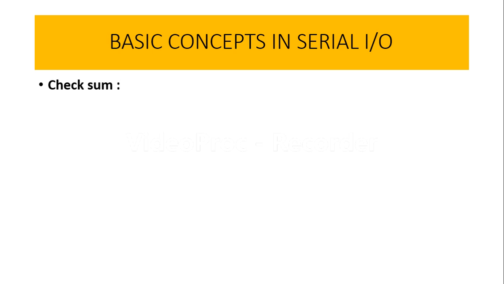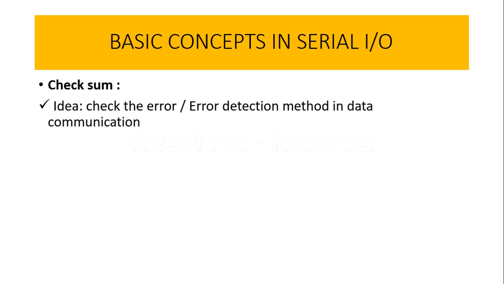This checksum is basically used when we are transferring a block of data at a time. What is the basic idea of this checksum? The basic idea is the same: to detect errors in the data communication. Let me explain this checksum with the help of an example.